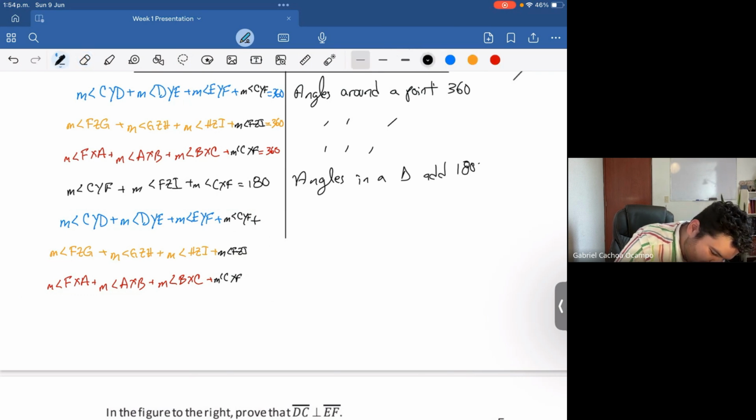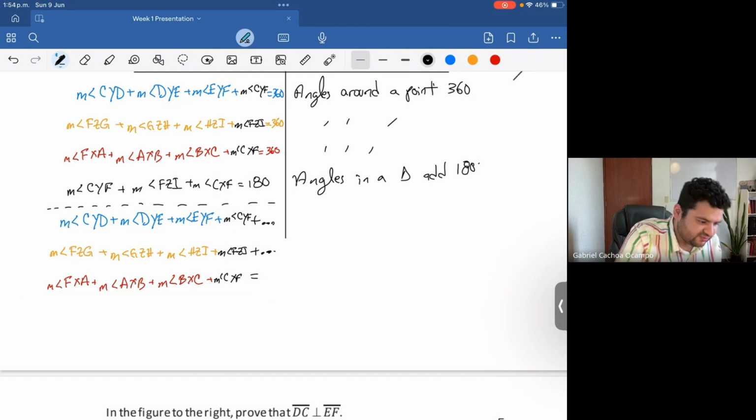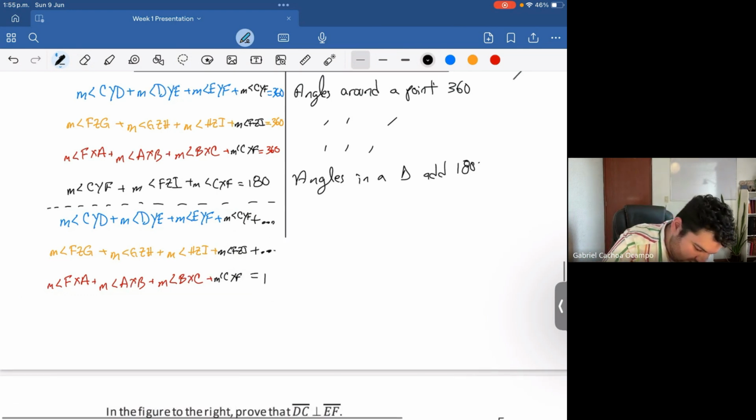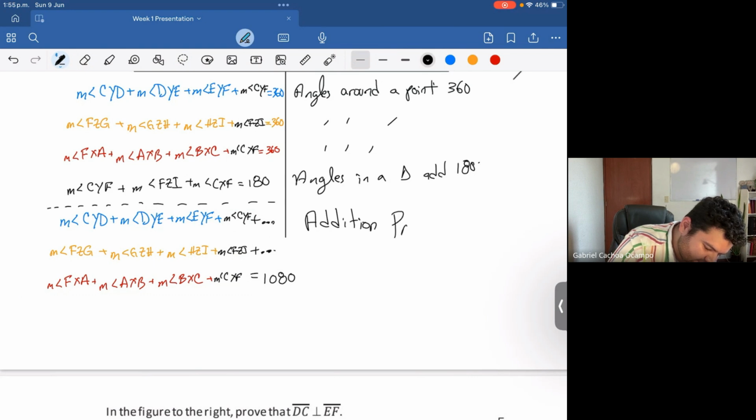This plus this plus this equals 360 times 3. What is 360 times 3? That is 1080, and that is the addition property. I added the 3 things, and that gives me 180.